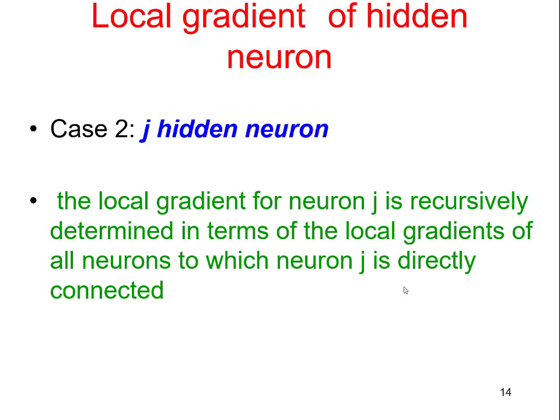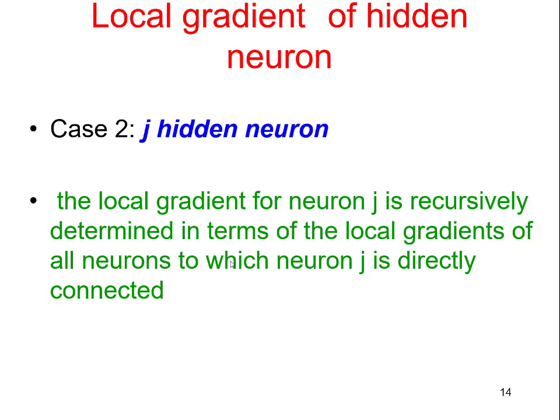Okay, so let's move to the next one: if the neuron is hidden, how will it be computed? If the jth neuron is a hidden neuron, then how will it be computed? The local gradient for neuron J is recursively determined. What we have seen so far is for the output layer neurons.